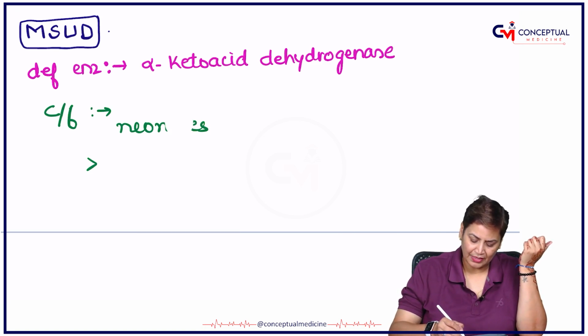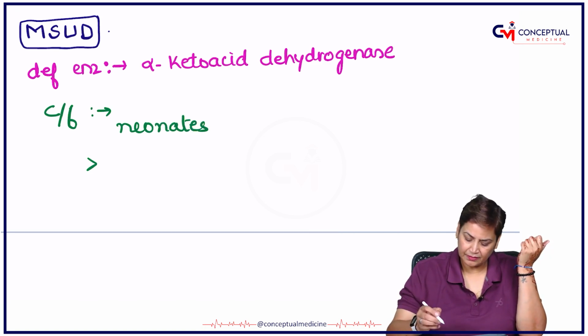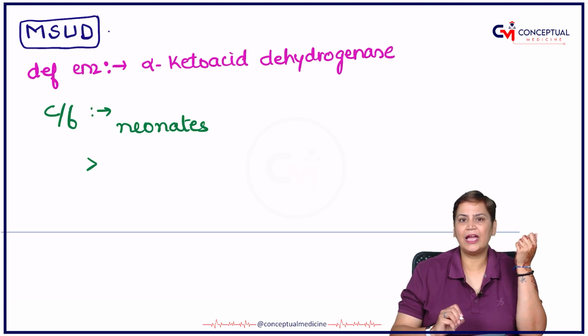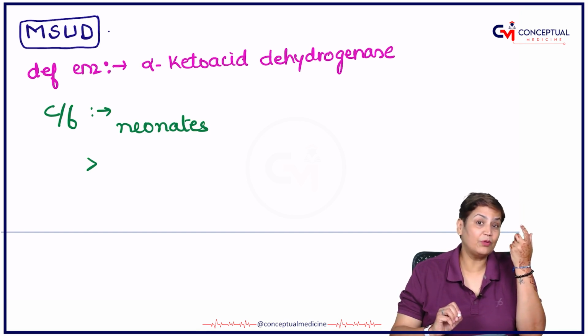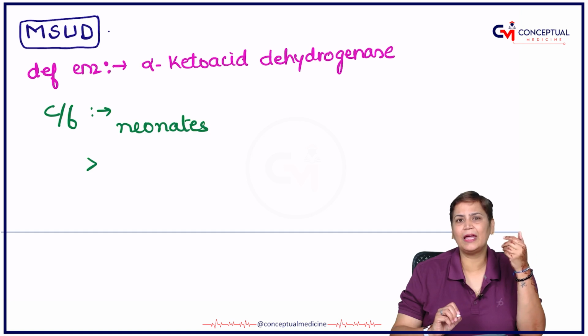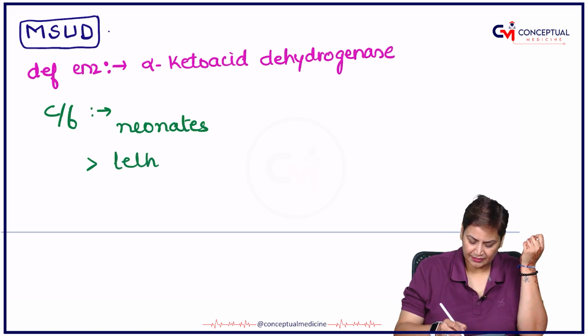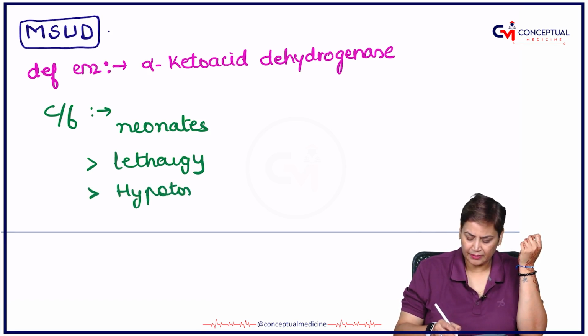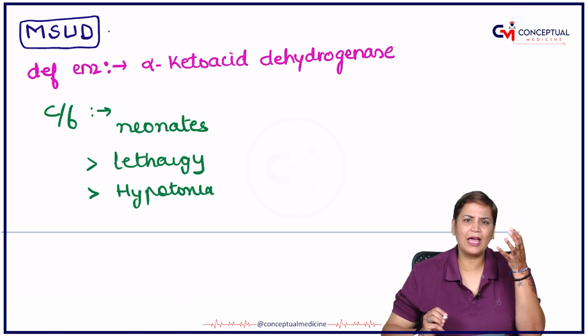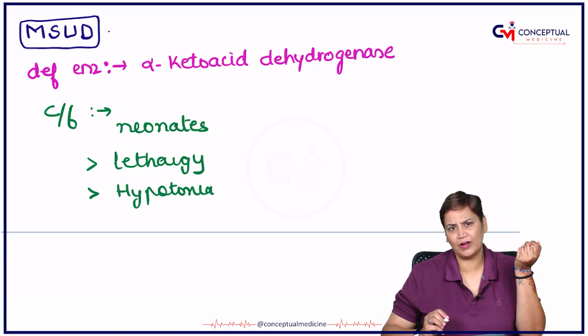The child will suffer from hypoglycemia, and hypotonia will be there. He will always be lethargic, because he is not getting proper energy to work. So, lethargy, hypotonia, because the muscles will not have the energy to perform any function.